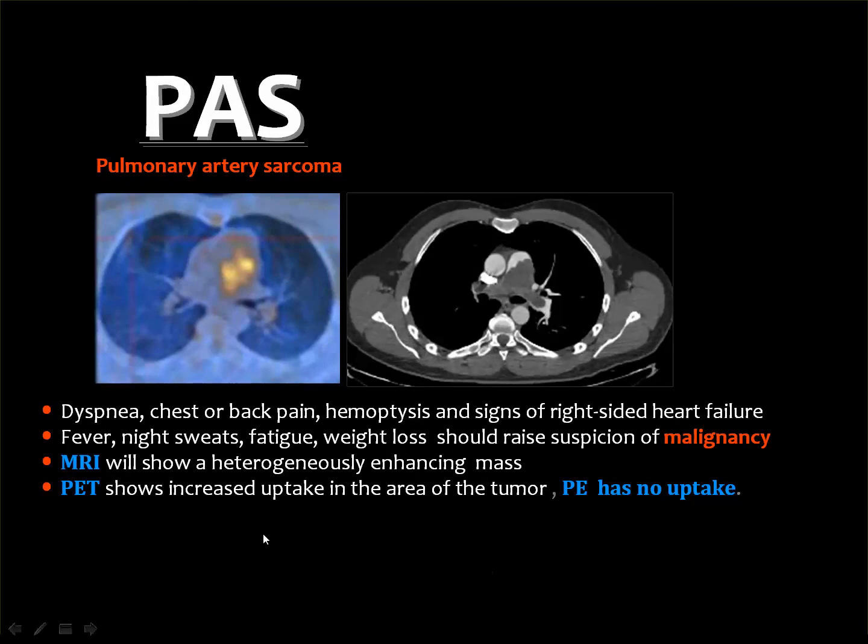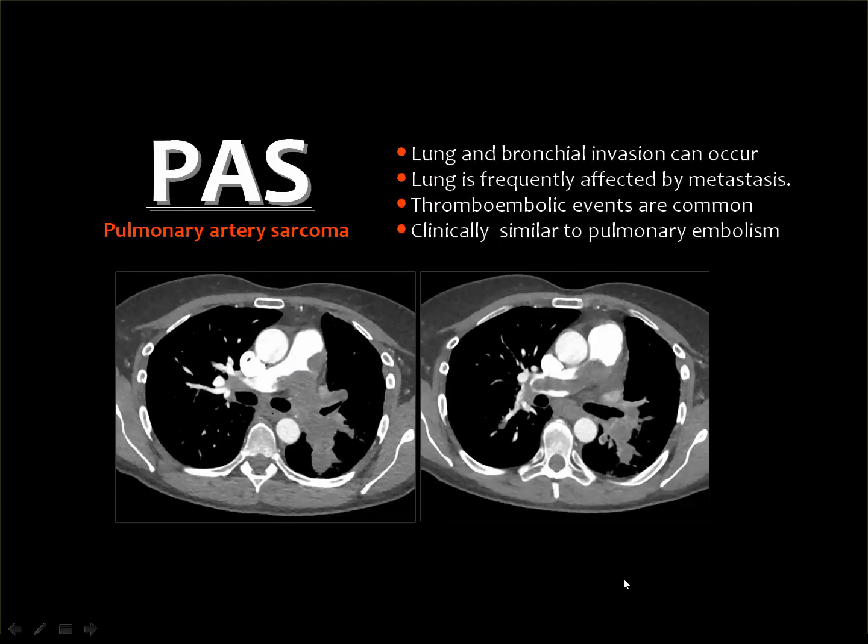And if you have the PET CT, the sarcoma will show significant metabolic activity, while the pulmonary embolism will not show any uptake. Then pulmonary artery sarcoma has a tendency to invade the bronchi and the lung parenchyma.